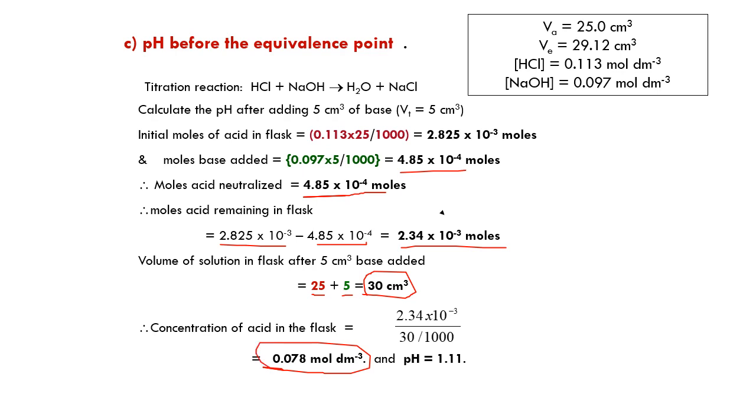And as we said before, because this is a strong acid, it is completely dissociated, so the concentration of hydronium ions will be equal to the concentration of acid currently present. Minus log of this concentration tells us what the pH is after adding just 5 cm³ of base.